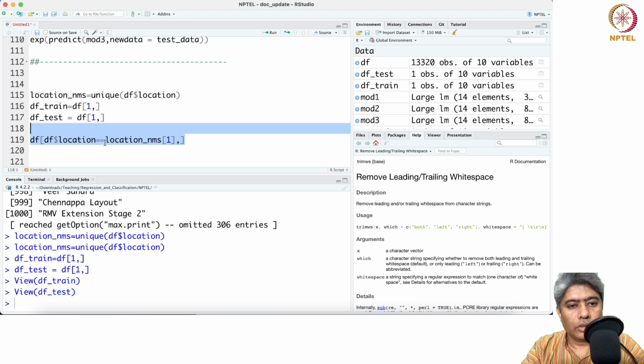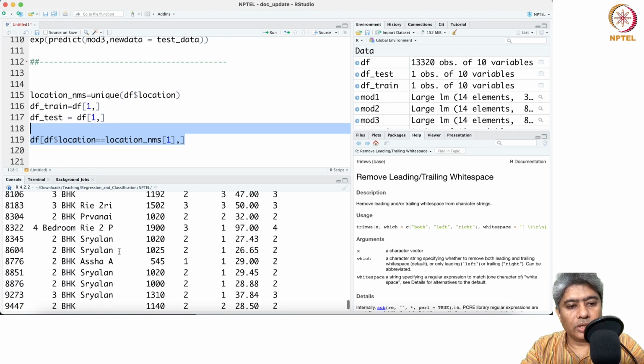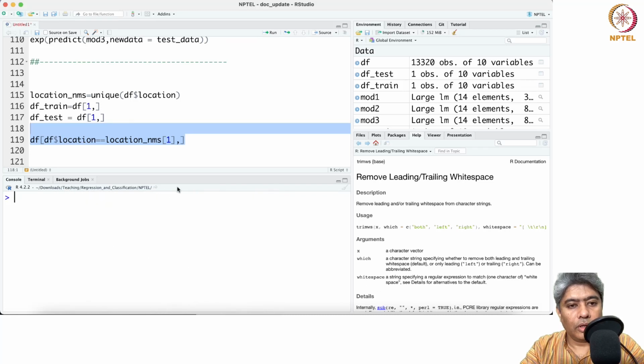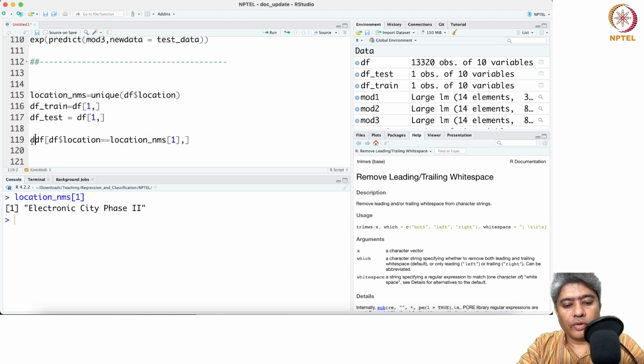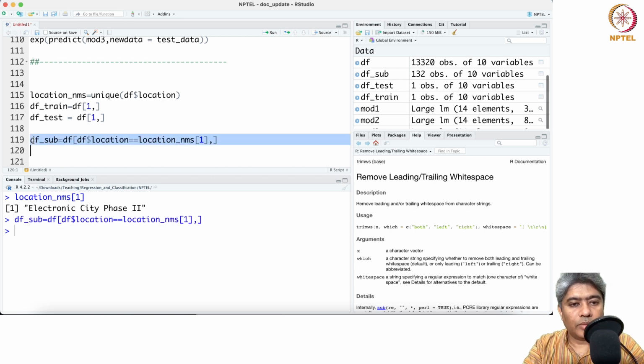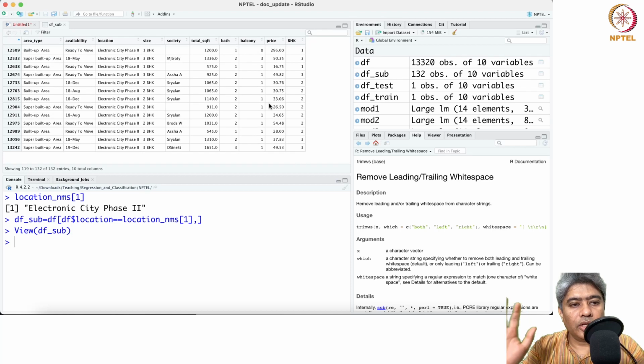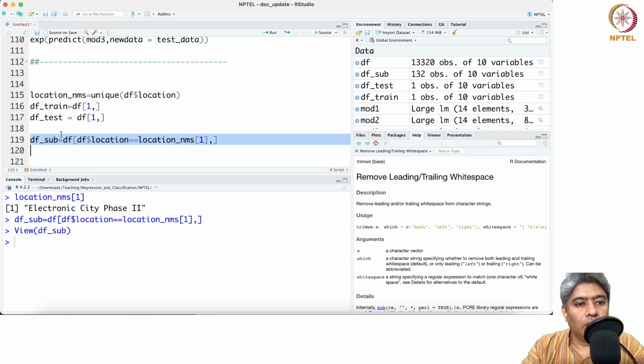These are the cases where you have a bunch of names, say Electronic City Phase 2. Let me call it df sub. So what is that? 132 observations. These are the instances, 132 observations which all belong to the location Electronic City Phase 2.